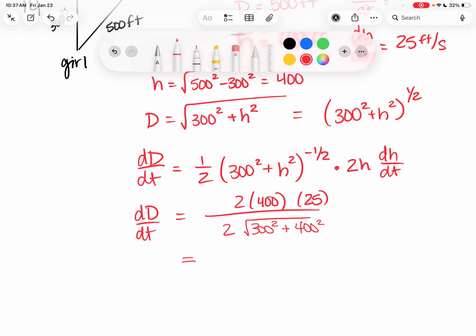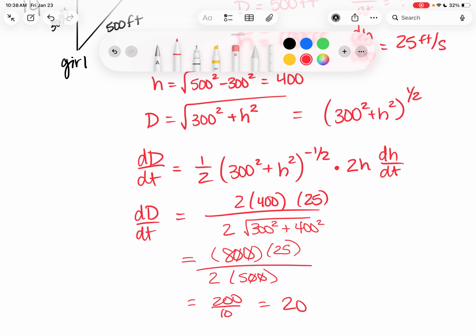Well, actually, let's just do it this way. 800, and then I'm going to do it times 25 because I can cancel stuff out. Over 2 times, that's 500. Well, the zeros in the 800 and the 500 cancel. And then basically I've got 200 over 10, just 20 feet per second. So that would be my dD/dt.